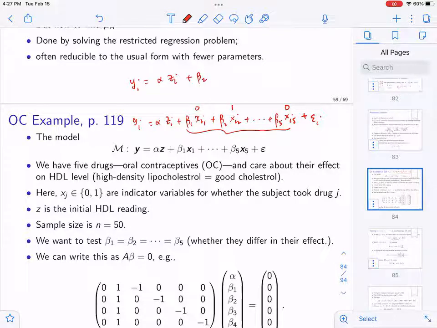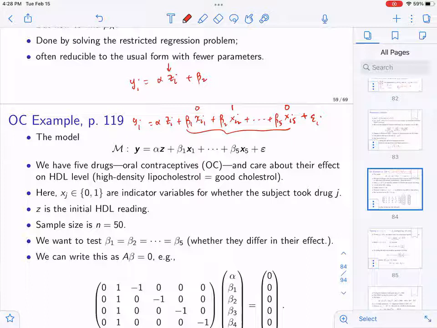So beta 2 is like the addition provided by that drug. You're assuming that it just provides some shift, positive or negative. Whatever your initial cholesterol level was gets multiplied by some factor, plus the effect of the drug, and that produces your final output.